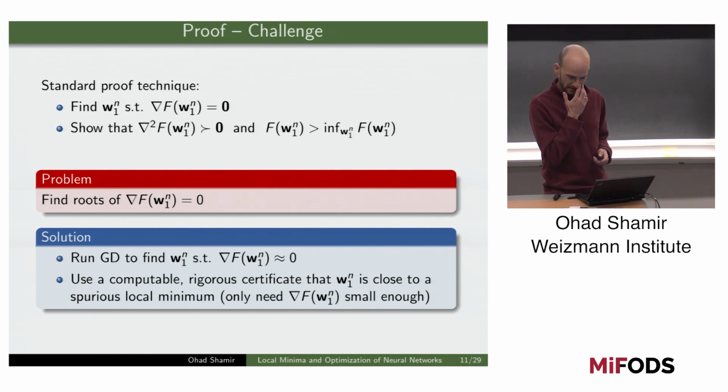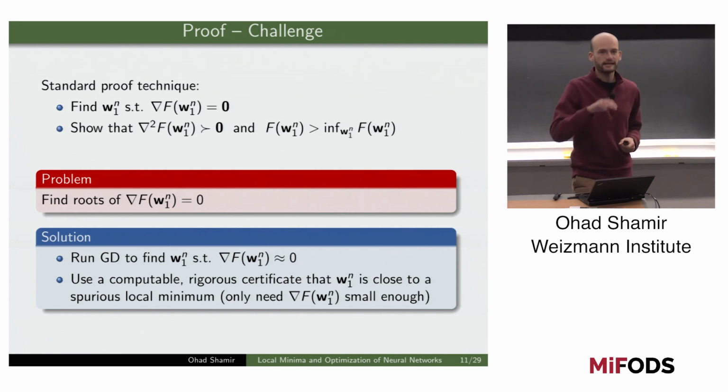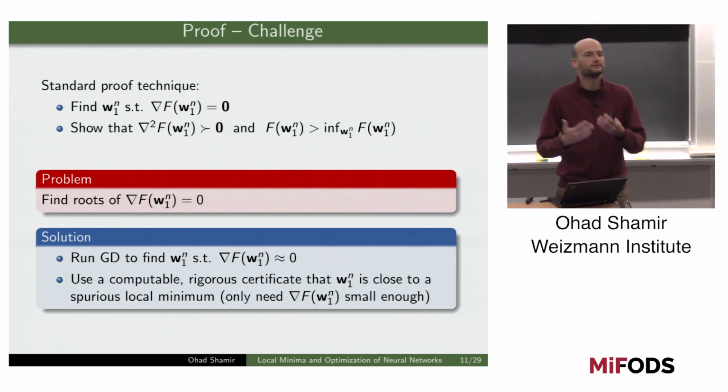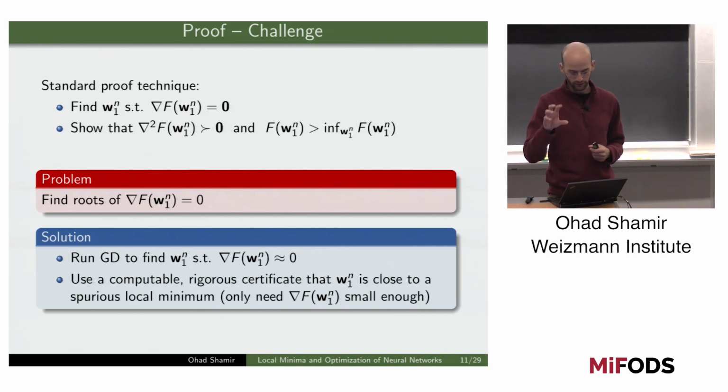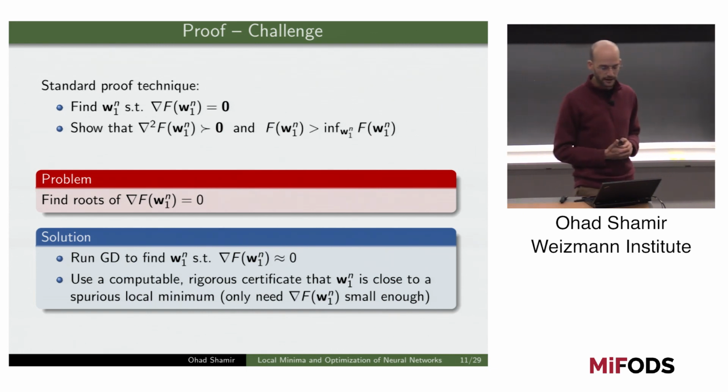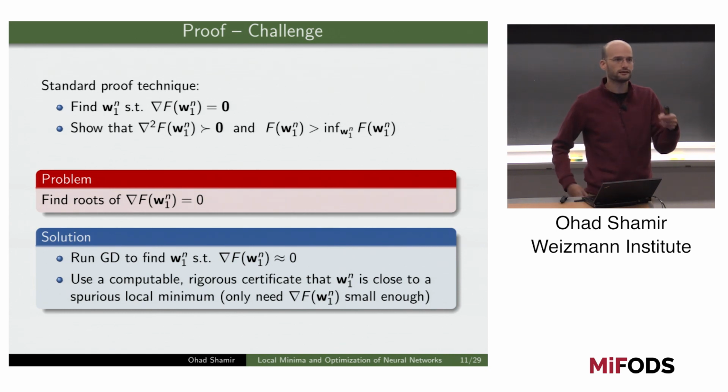And what we do instead is the following. Although we can't find exact stationary points, we have algorithms that computationally are pretty good at finding approximate stationary points. So we can run gradient descent until we find a point where the gradient is very close to 0. That's still not a stationary point. It's not a proof. But what we can do is use a certain certificate that we developed that is mathematically rigorous.